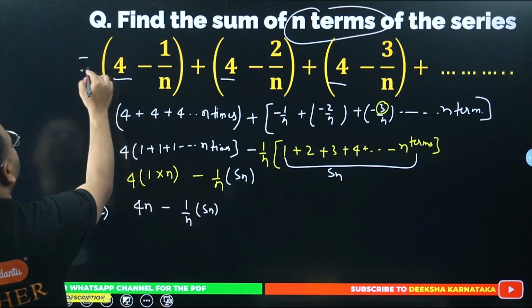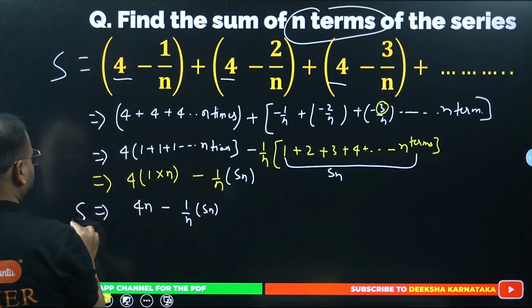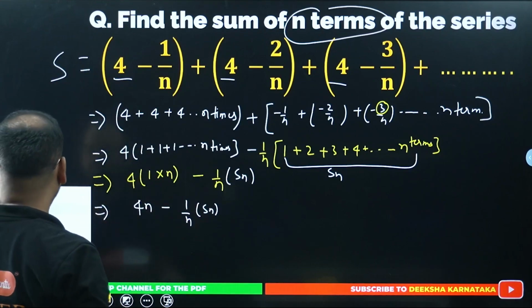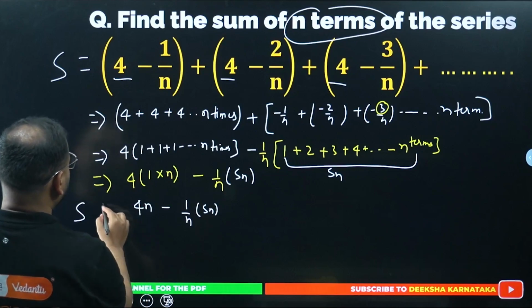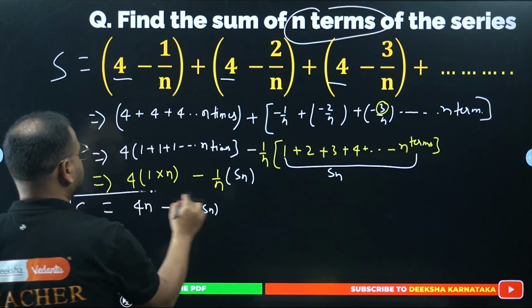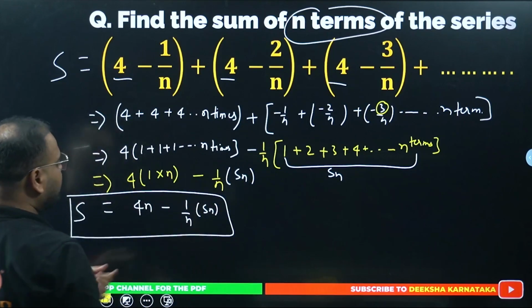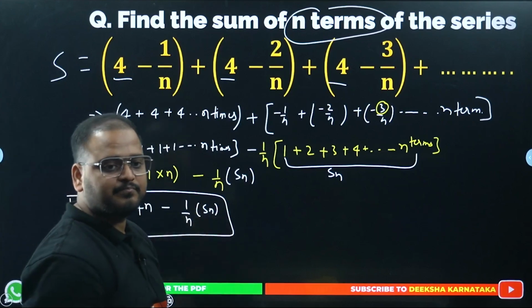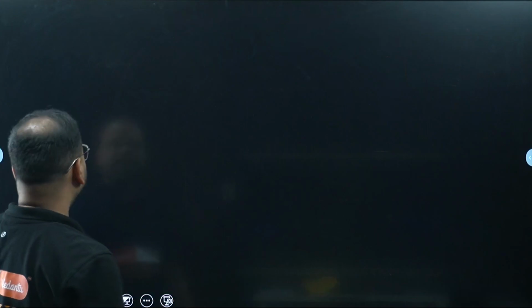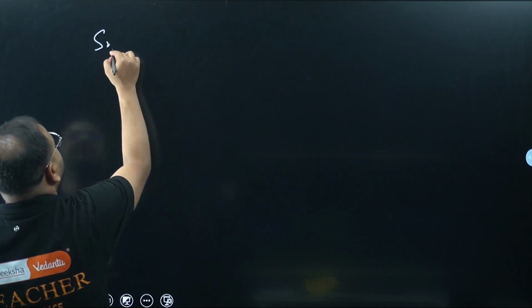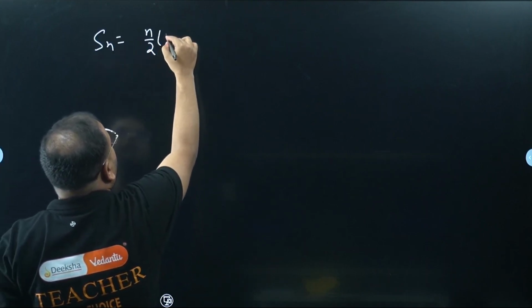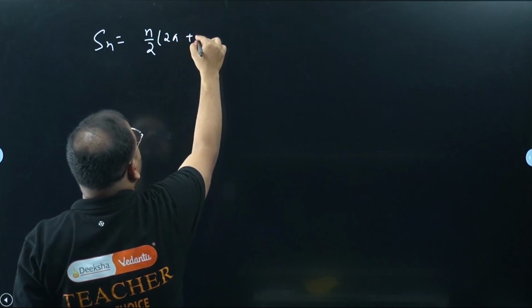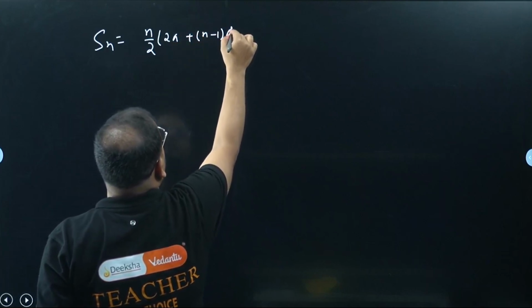If I call this sum S, I have simplified this sum S equal to this value. So if I find Sn, my job is done. Let's find Sn. What is Sn? Sn is given by n by 2 times 2a plus n minus 1 times d.